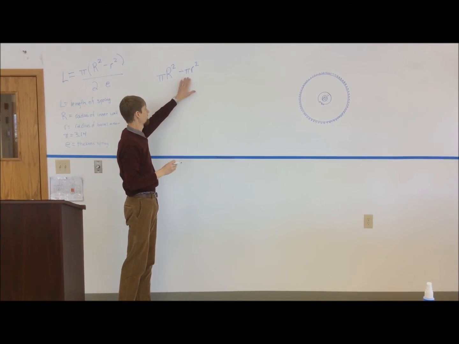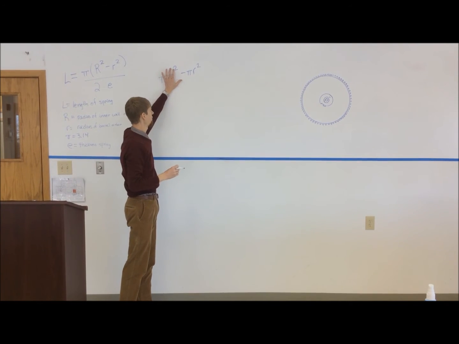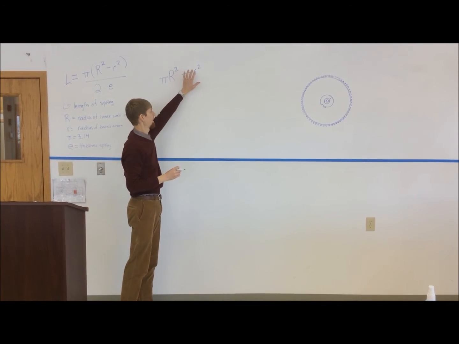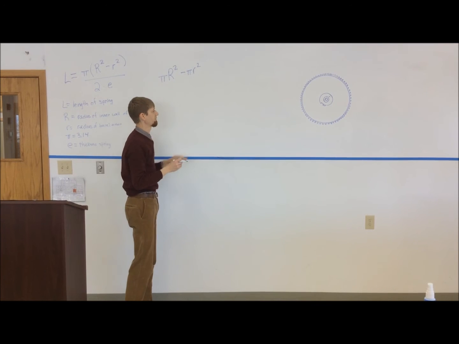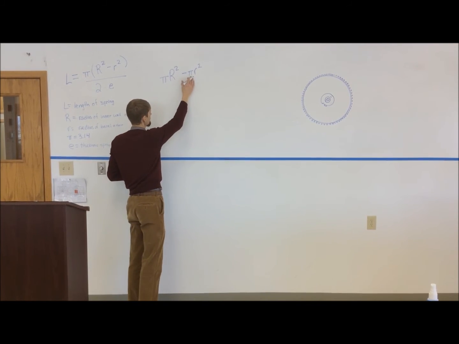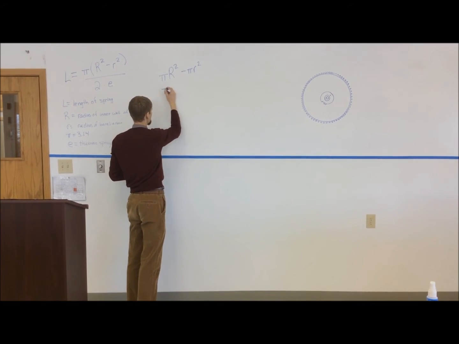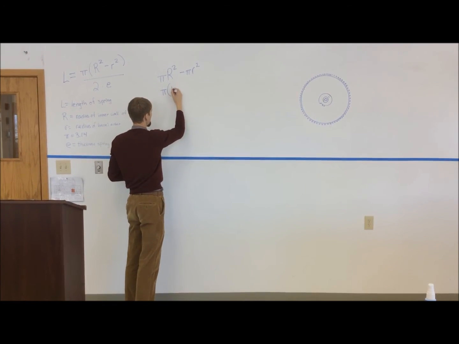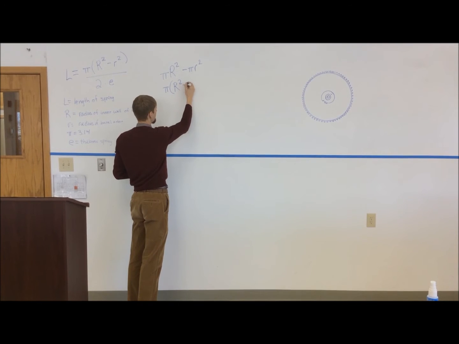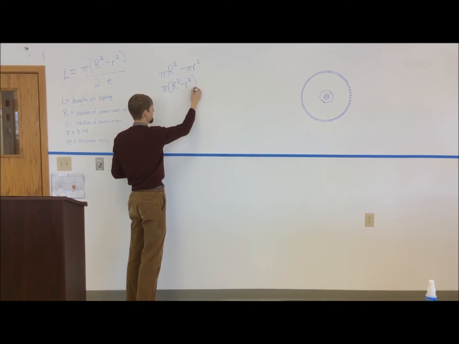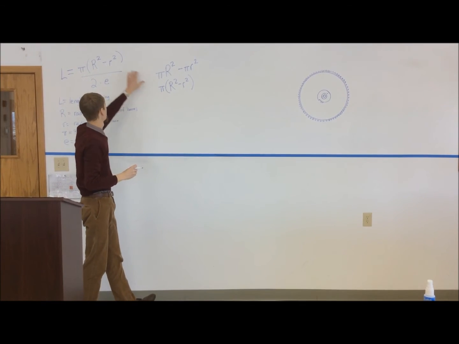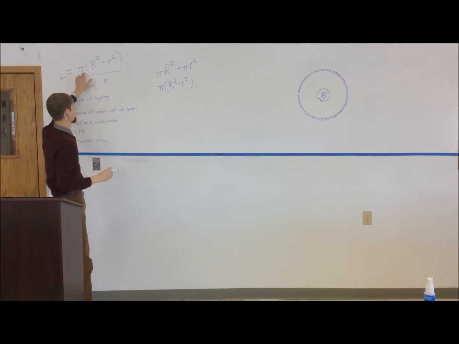So this formula here will take the whole area inside the barrel minus the amount taken up by the arbor. If we take the pi and move it out, regroup this, you end up with pi times R squared minus r squared. And you'll notice that is the top portion of our formula.